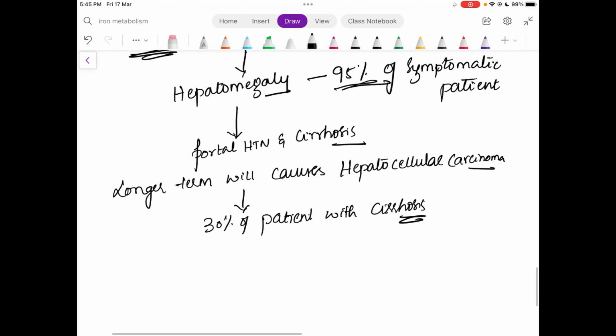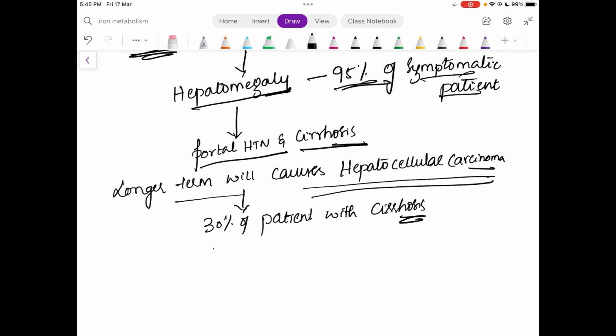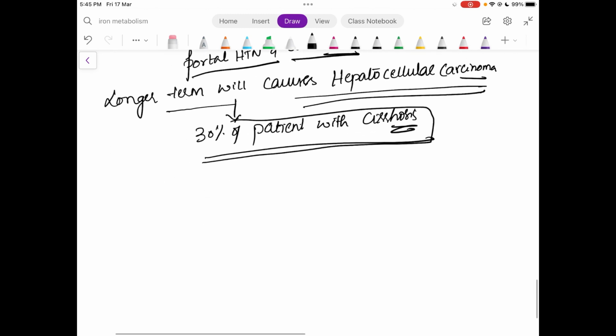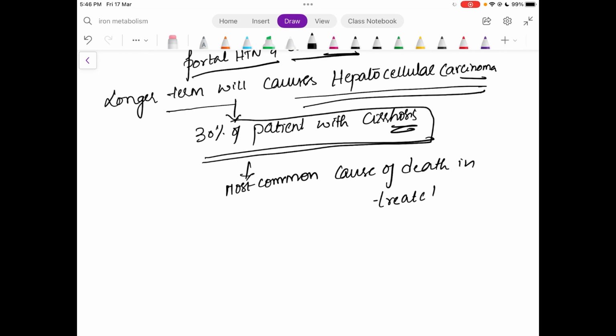Normally, 95% of symptomatic patients will have hepatomegaly, which causes portal hypertension, and longer term cirrhosis will cause hepatocellular carcinoma. That means this hepatocellular carcinoma is seen in 30% of patients with cirrhosis, and it is the most common cause of death in treated patients.